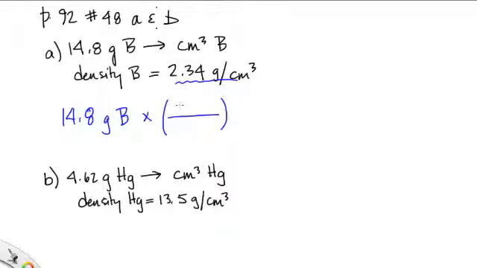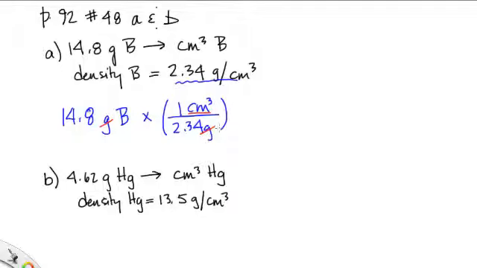and I put centimeters cubed on the top, in other words, in 1 centimeter cubed, I have 2.34 grams of boron. That's essentially what the density is saying. And when I look at my units, grams here is in the denominator, grams here is in the numerator, they cancel out, and I'm left with centimeters cubed.